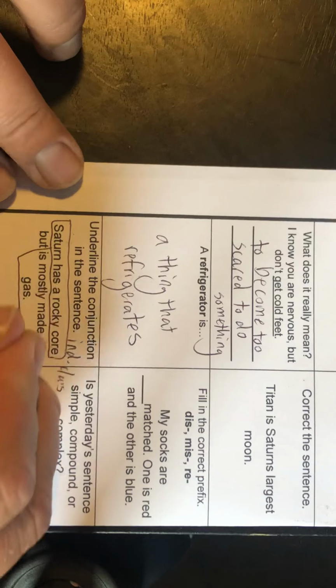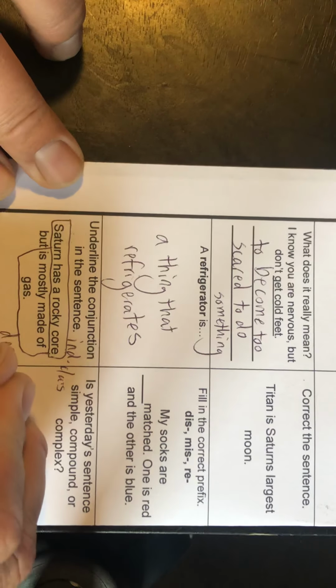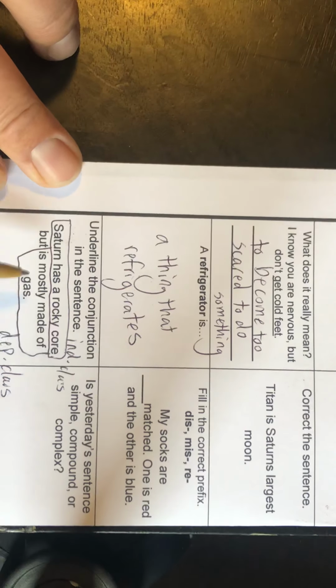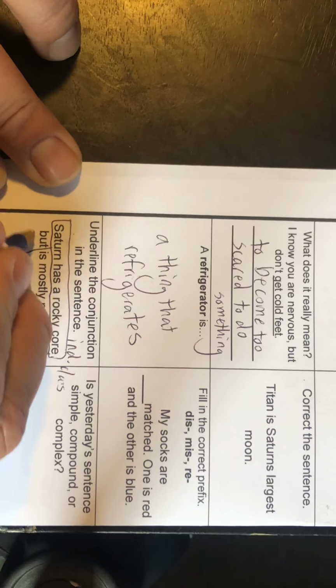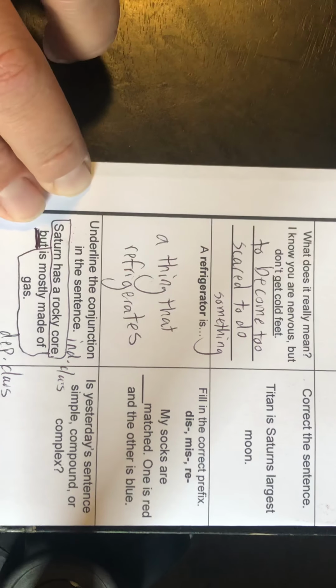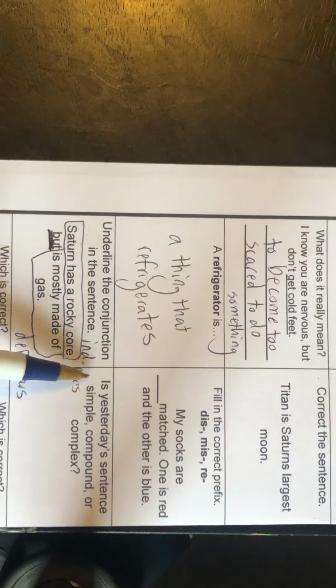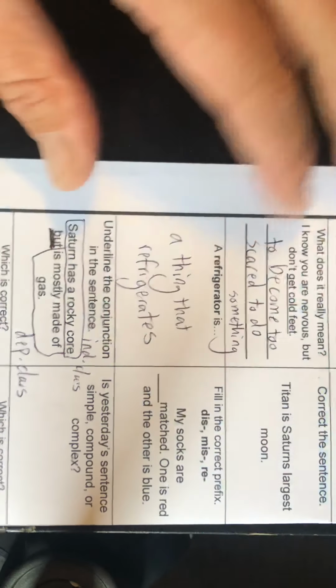This is not an independent clause. That is a dependent clause. So when you have an independent clause and a dependent clause, it needs to be joined together by a conjunction. And the conjunction is but there. And this is a complex sentence because it has an independent clause and a dependent clause.